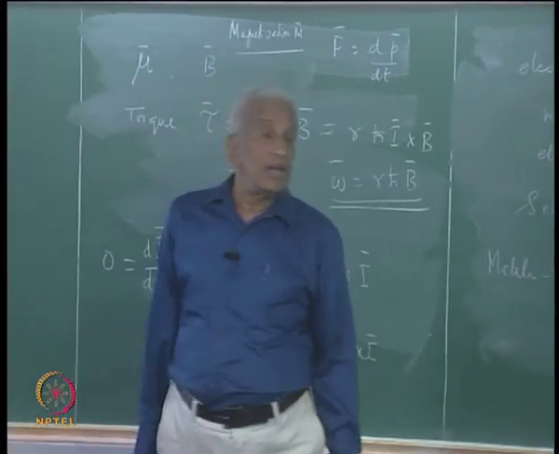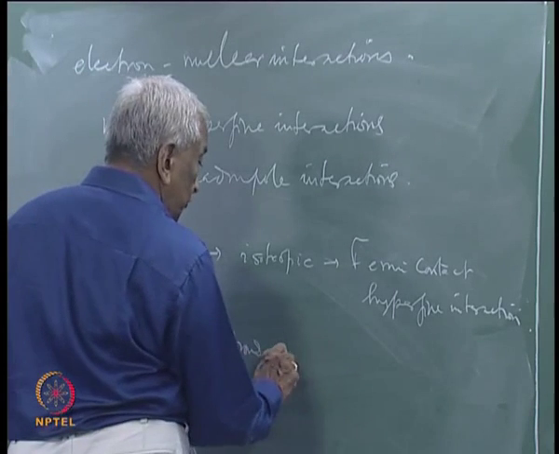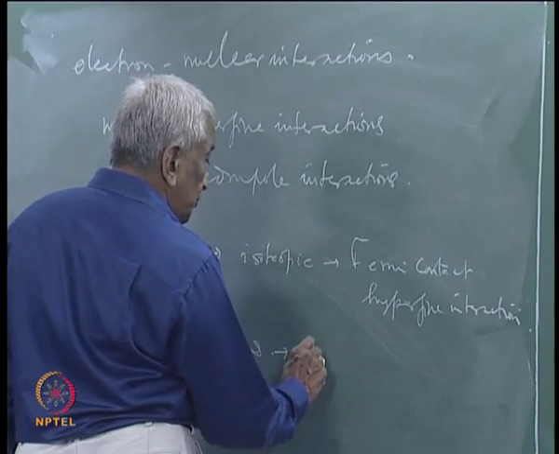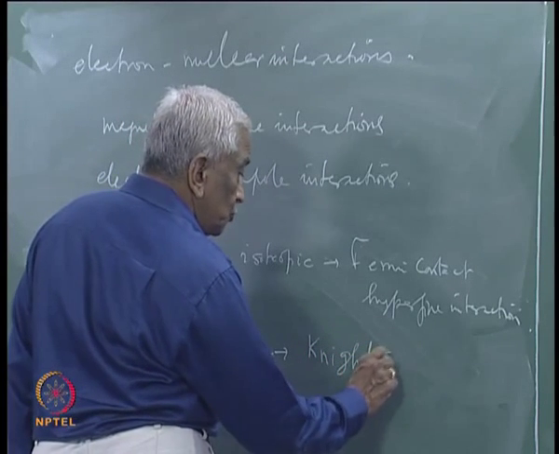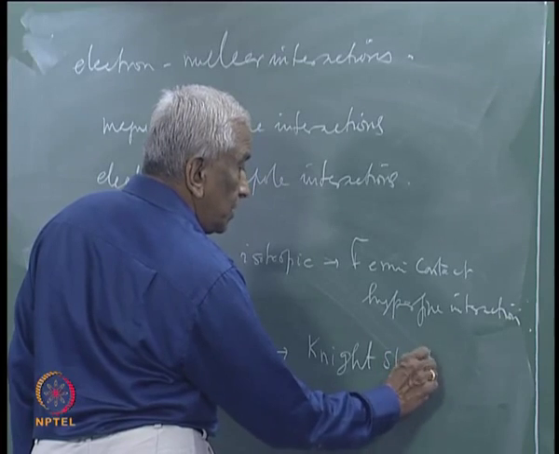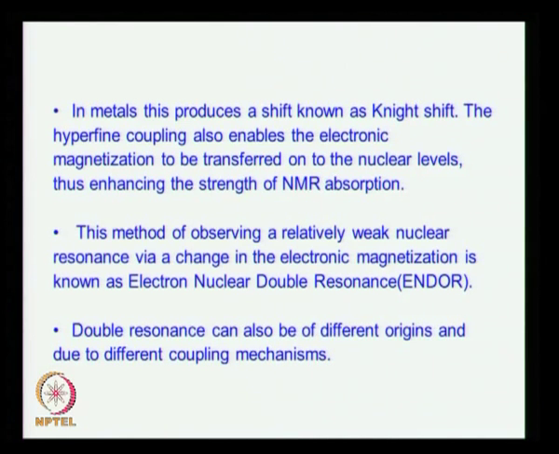The conduction electrons again interact, giving rise to a local field, and this produces a shift in the NMR, which is known by the term Knight shift. So, by measuring the Knight shift, this can again tell you about the conduction electron spin densities.